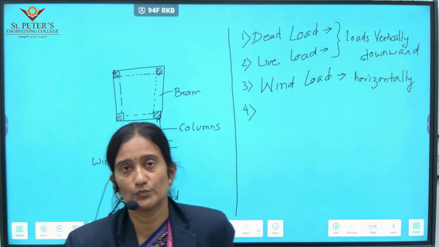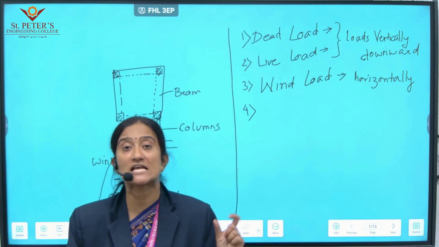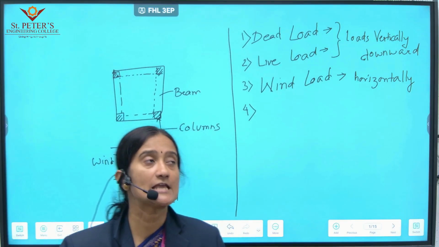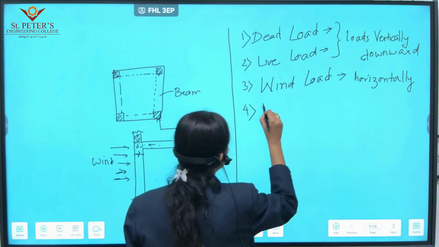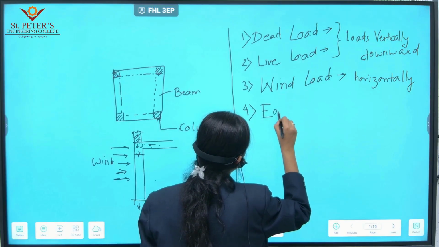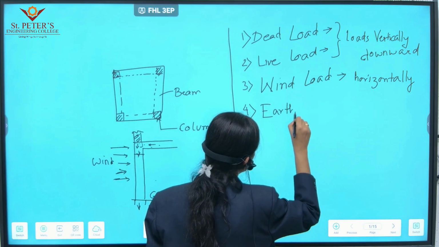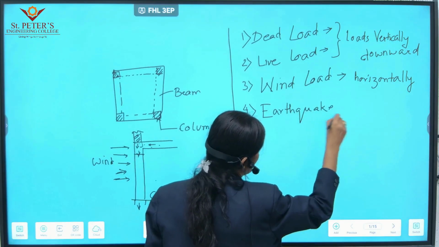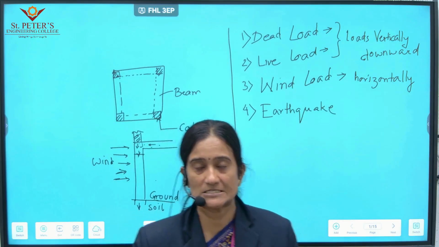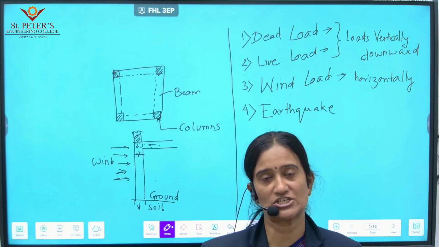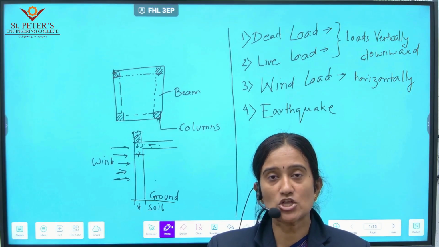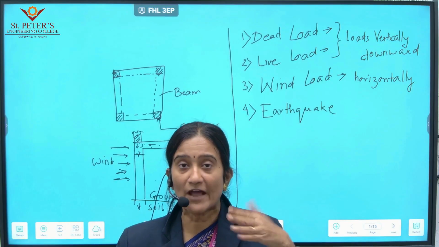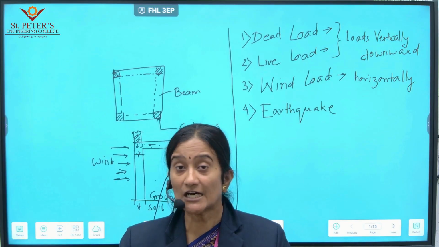Another big load, which is considered as per the zone or location of a structure, is earthquake load. Earthquake load is applied at the bottom when the earth vibrates due to seismic vibration, when the plates of the earth move and there are seismic waves on the earth surface.